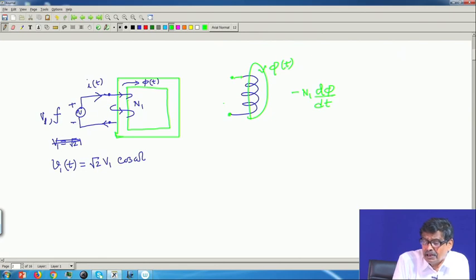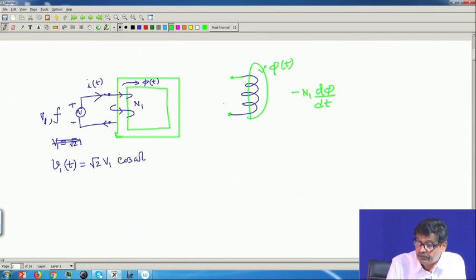Faraday says, if there is a rate of change of flux linking a coil, then between these 2 points it becomes a seat of EMF. The negative sign is Lenz's law. It tells that the polarity of this induced voltage will be such that it will try to oppose the very cause for which it is due.